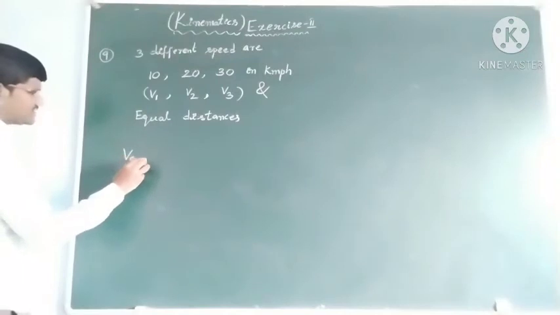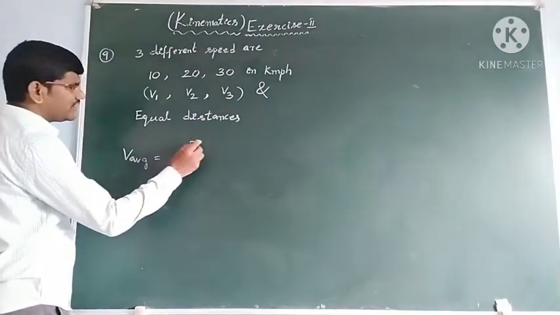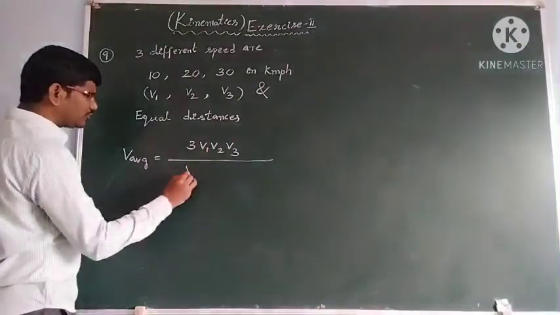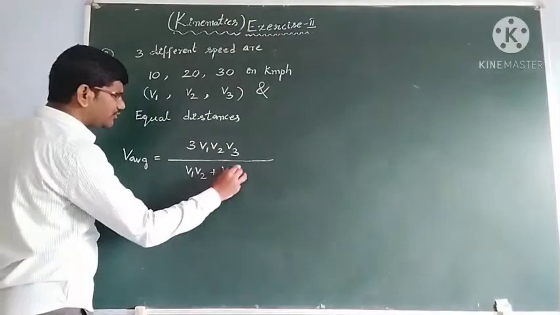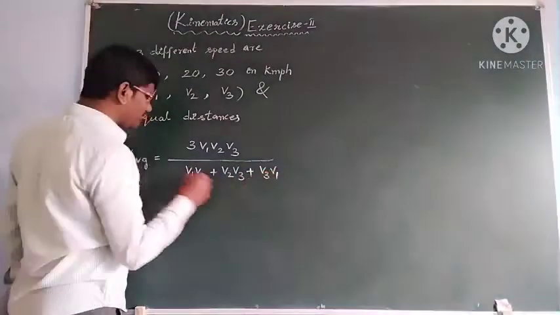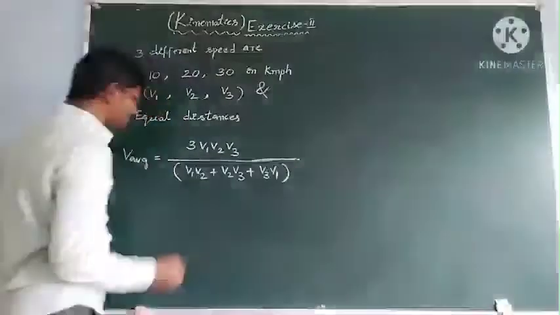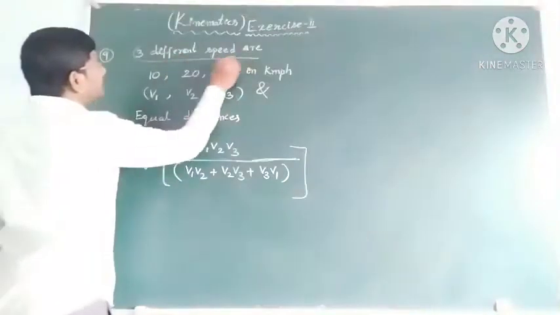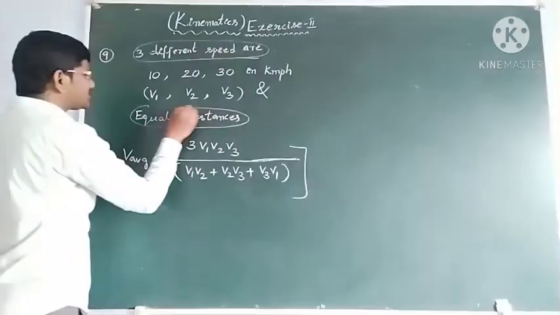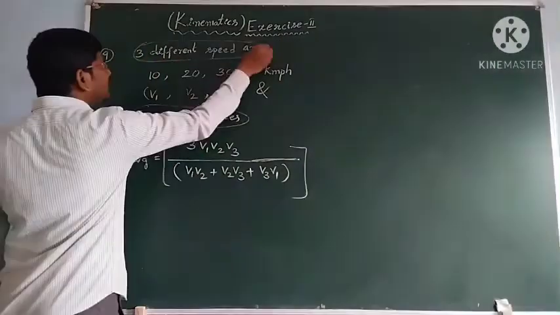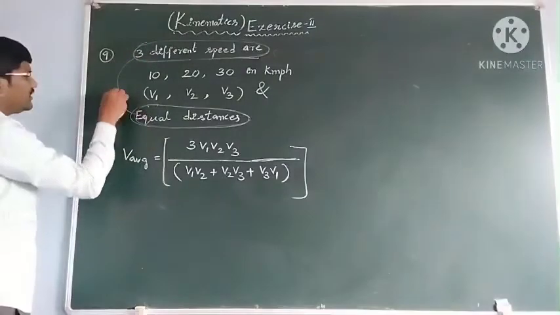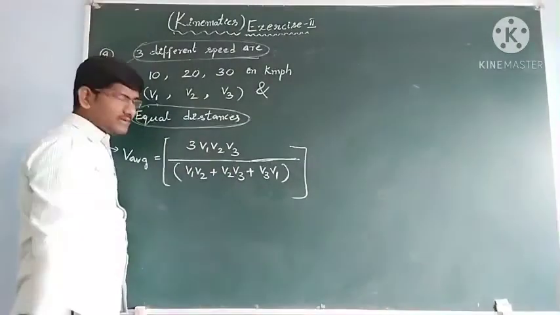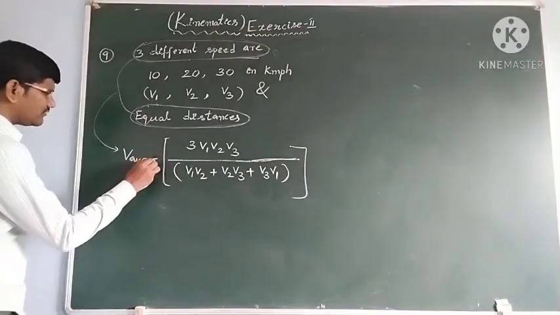Then V average, whenever you have three different speeds, is equal to 3 V1 V2 V3 by V1 V2 plus V2 V3 plus V3 V1. Okay students, so this is our formula whenever there are three different speeds with equal distances.